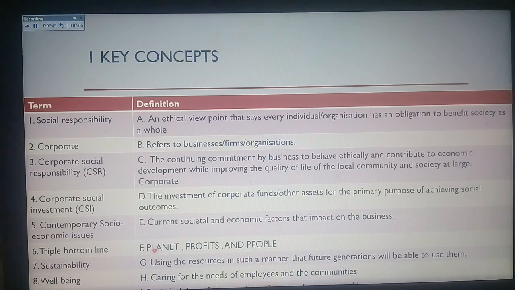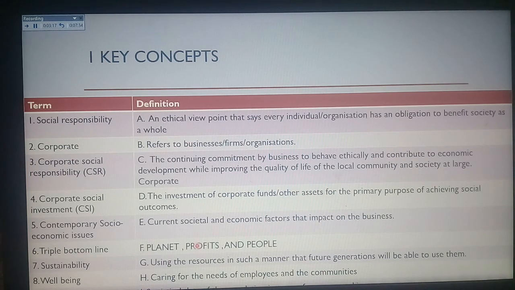We cannot find a business polluting the environment. We cannot find a business extracting raw material that will not be sustained for the future. So it's very important that they take care of the planet and do not produce gas emissions that will destroy the planet. Profit.